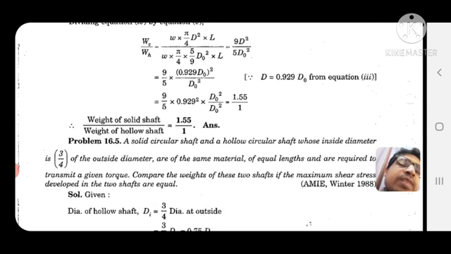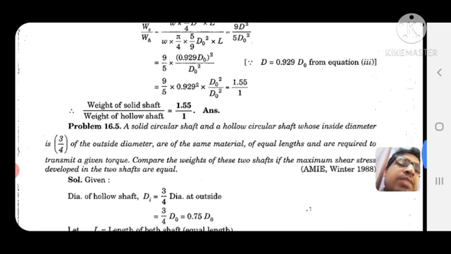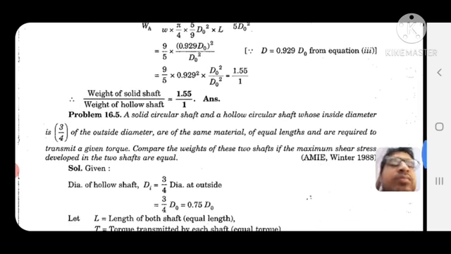So 9 by 5 into (0.929 d0) square by d0 square. So that is equal to 1.55 by 1. So weight of the solid shaft divided by weight of the hollow shaft, that is equal to 1.55 by 1.